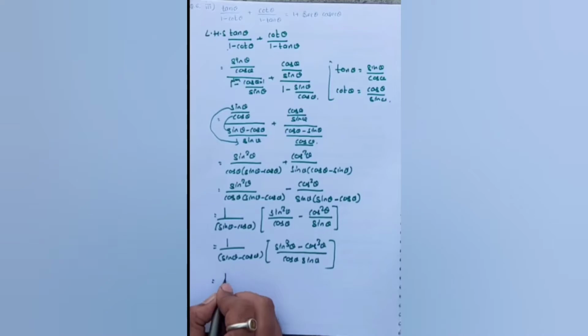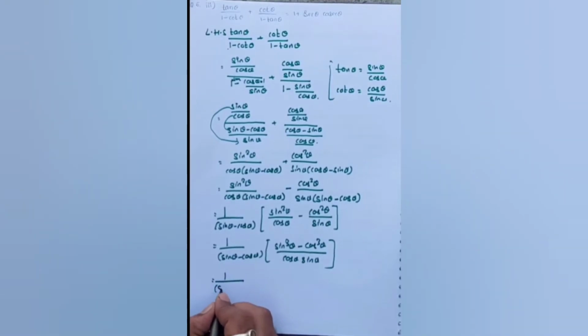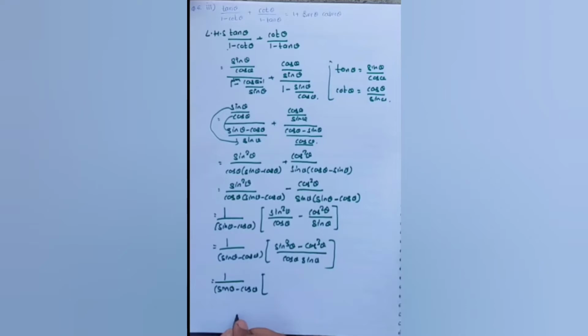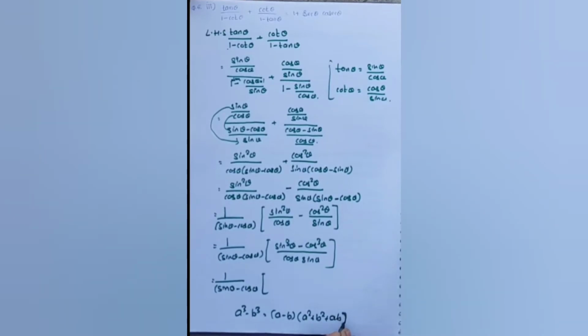So write down here 1 divided by sin theta minus cos theta in a bracket. So here is a cube minus b cube. The formula is a minus b in a bracket, a square plus b square plus ab, right? So here in the a place we have sin theta and in the b place we have cos theta.